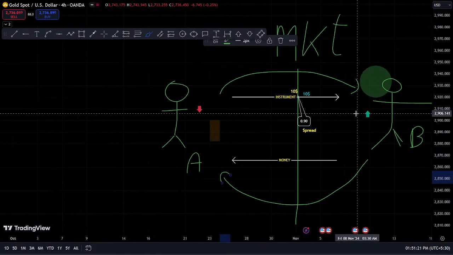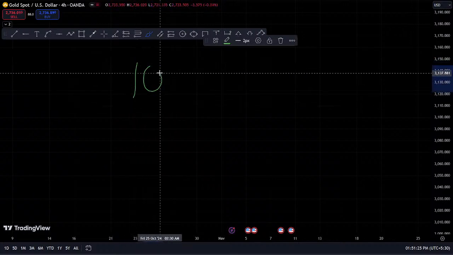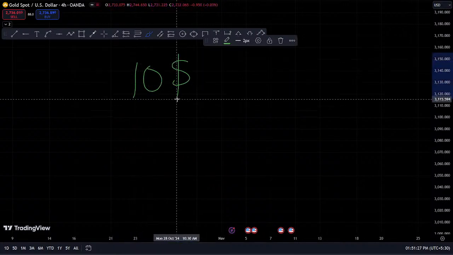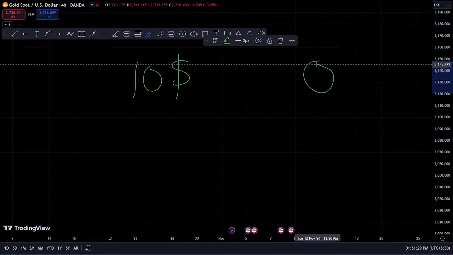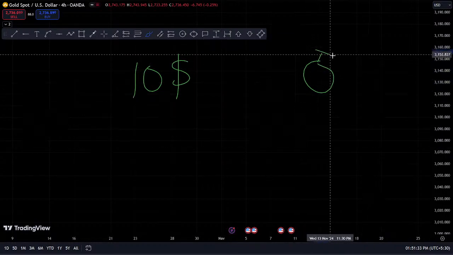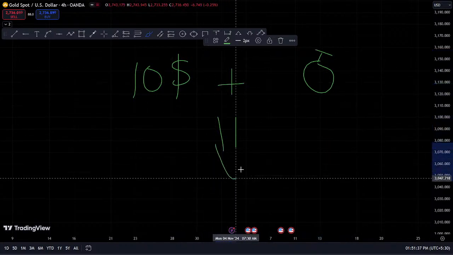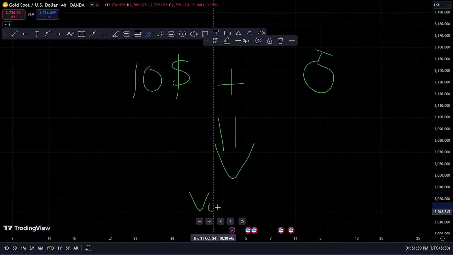So what did I get? I got my $10 and he got his apple. So a buyer and a seller makes up a volume.